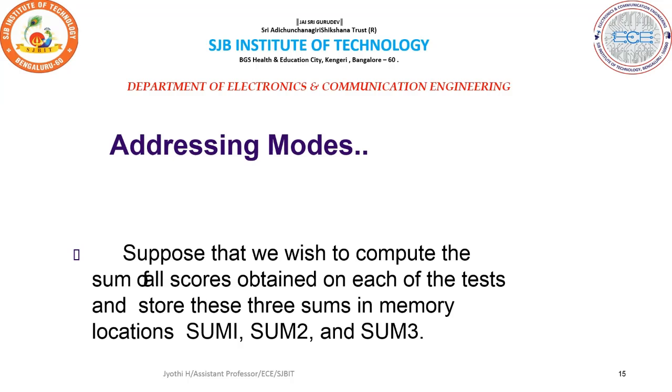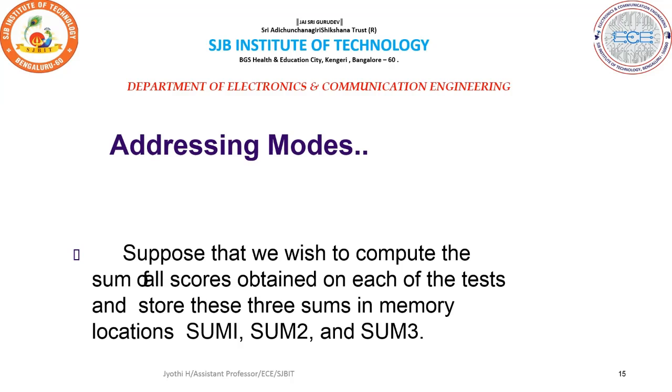On the first pass through the loop, the test scores of the first student are added to the running sums held in registers R1, R2 and R3, which are initially cleared to 0. These scores are accessed using the index addressing, that is, 4(R0), 8(R0) and 12(R0). Register R4 is initialized to contain the value of n, and it is decremented by 1 at the end of each pass through the loop.